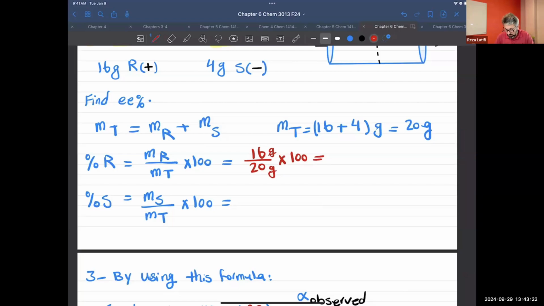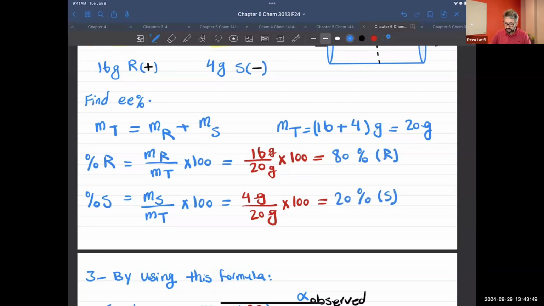And the second one, I have 4 grams divided by 20 grams multiplied by 100. So 16 divided by 20, multiplied by 100, will be 80%, and that's going to be the R. And the second one will be 20%, and that one will be S. So now I got the percentages.